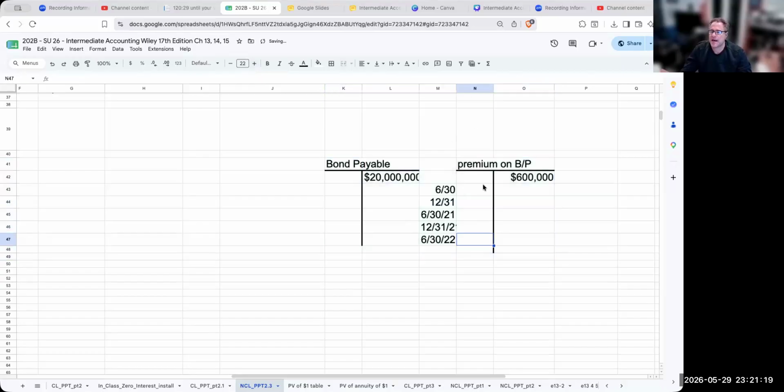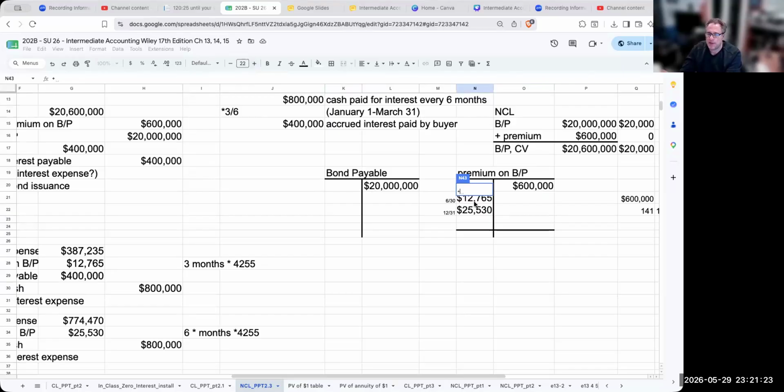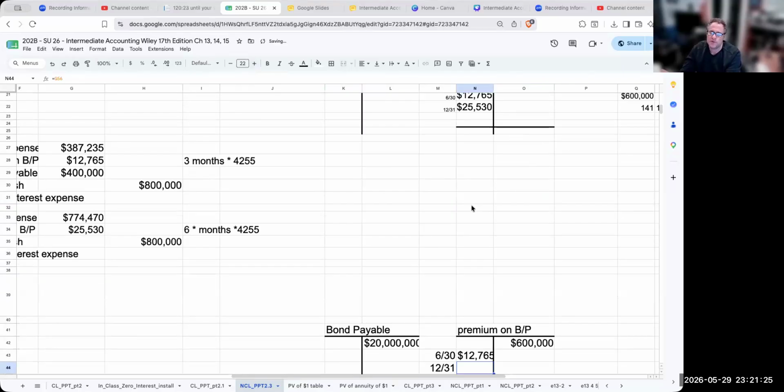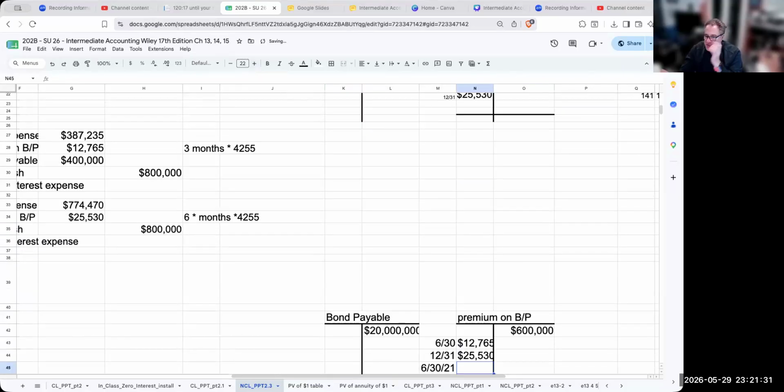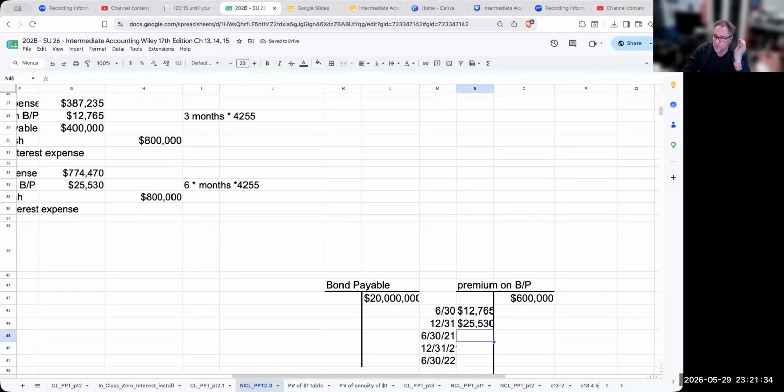Okay. So what exactly was happening over here? Well, we did the premium on bond payable, right? Because before we redeem this bond, I want to figure out the carrying value of this bond prior to the redemption.